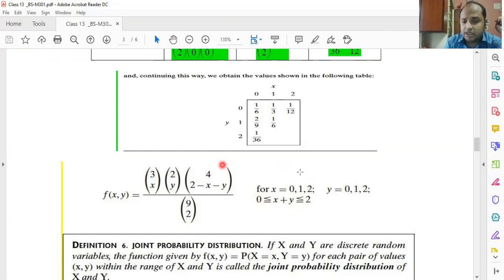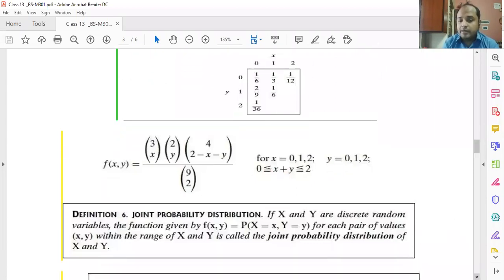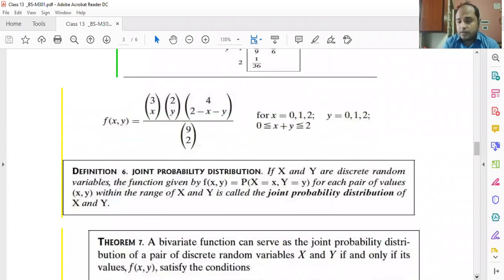And one condition has been written here: I have not only tabulated the possible values for x and y, there is also a condition that you have to keep in mind, that the sum of these variables x and y must lie between 0 and 2. So what is the definition of joint probability distribution?